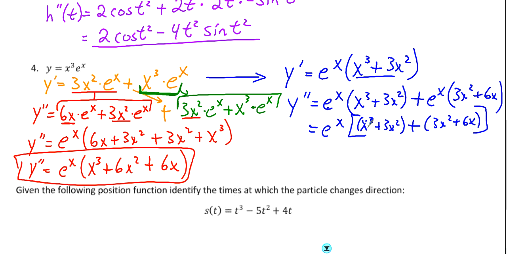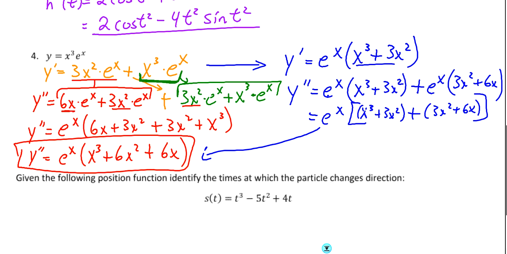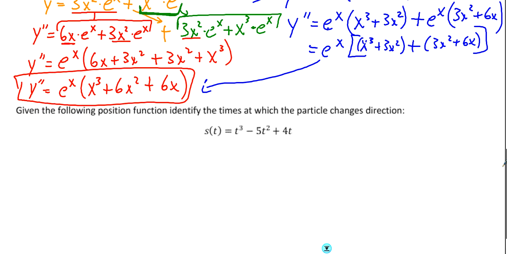And of course, when you add like terms, you still get there. Okay? Either way, it depends on how you want to do it. You could simplify first, or you could simplify at the end.